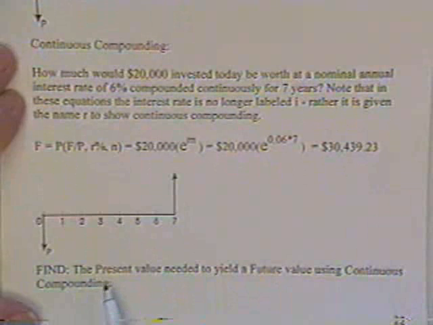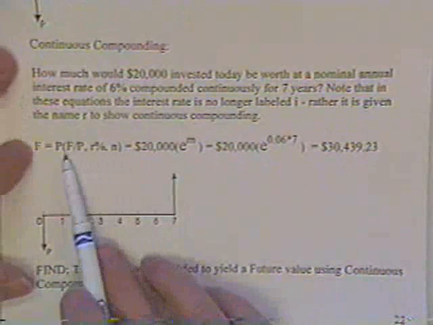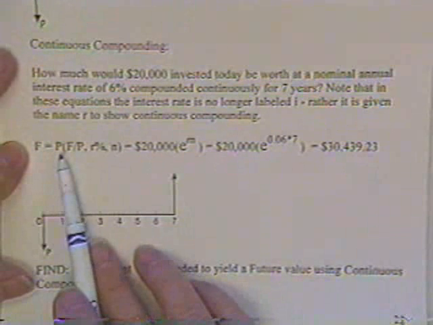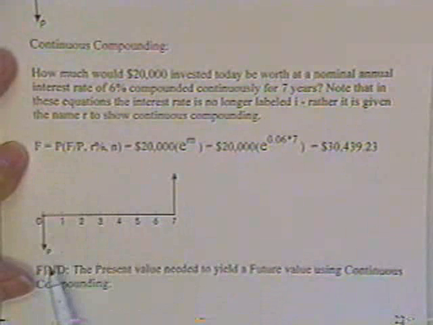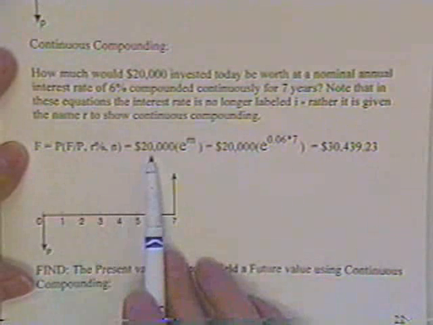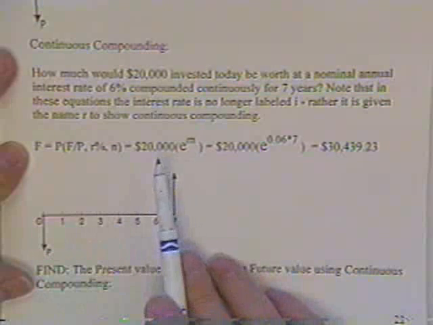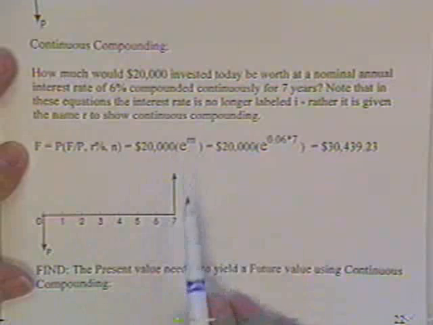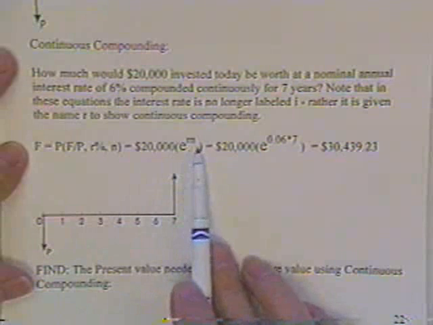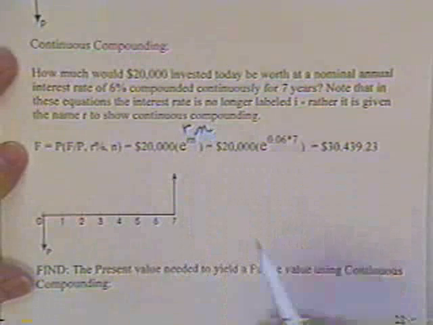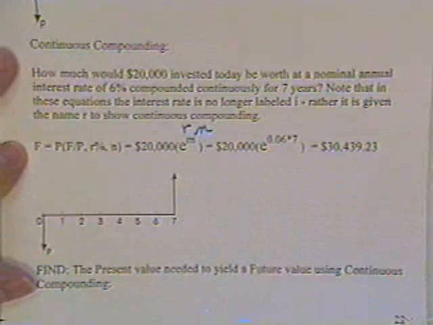So you've been asked to find the future value of that cash flow. You were told you would invest $20,000 right now. It collects this kind of interest, e to the Rn. R is the rate, and N is the number of years.